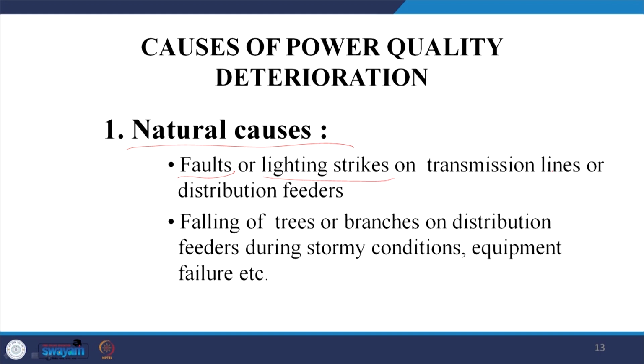Lightning strikes on the transmission line or the distribution feeder, and it propagates since it is a surge. Falling of trees and branches on the distribution feeder during stormy conditions, and equipment failure of a relay or any other entities. So, that leads to the natural causes.